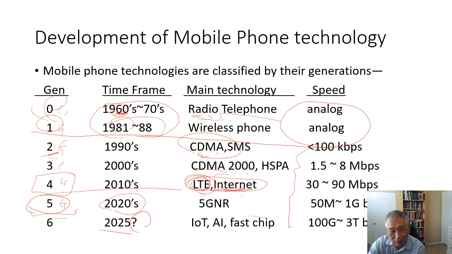Right now the 5G still has 144, I mean 14 megabits, something like that, very low.